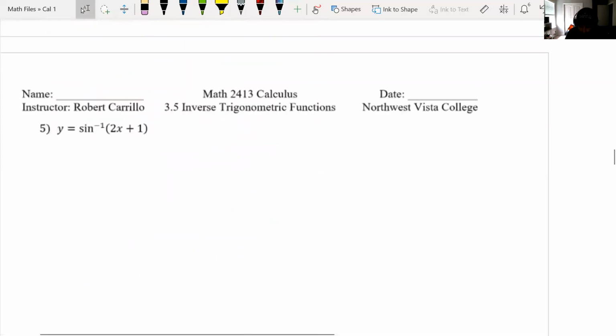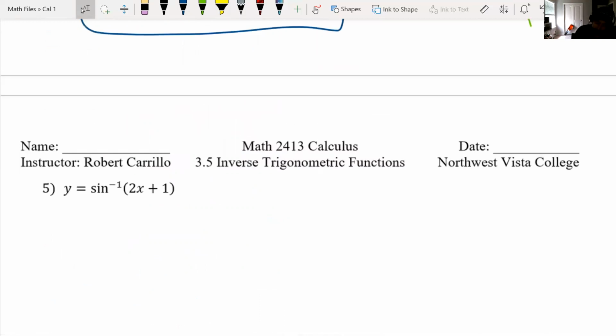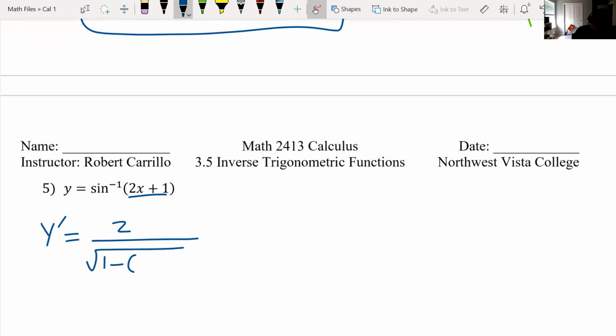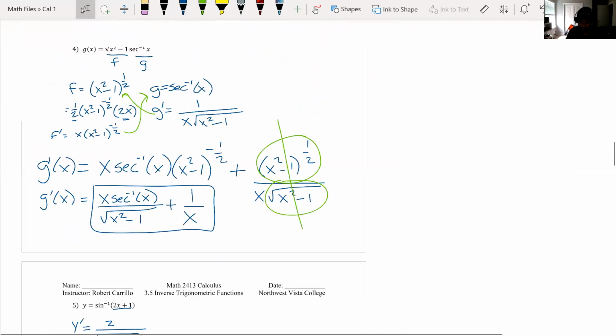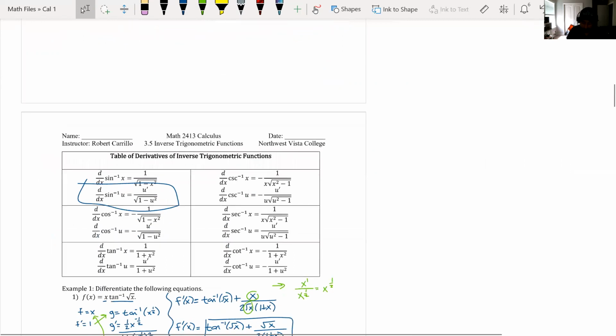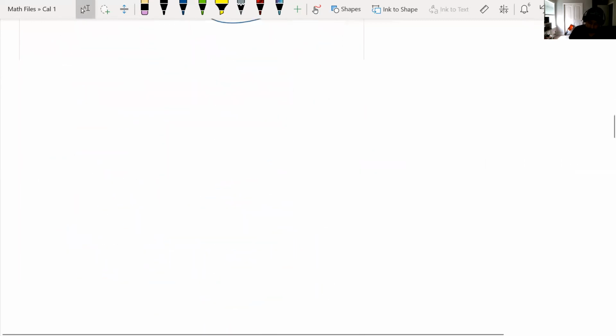With that being said, take the derivative, y prime, derivative of the inside, 2x plus 1, 2, over the square root of 1 minus (2x plus 1) squared. So u prime over the square root of 1 minus u squared.